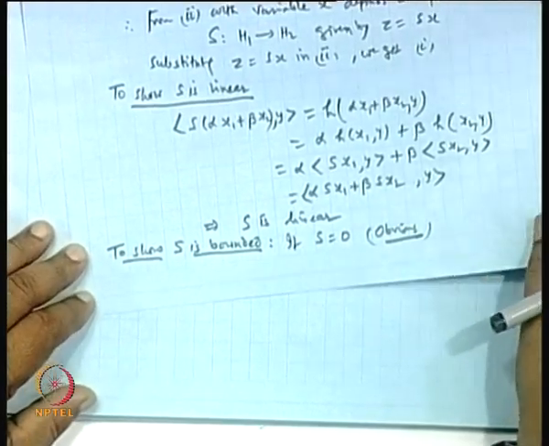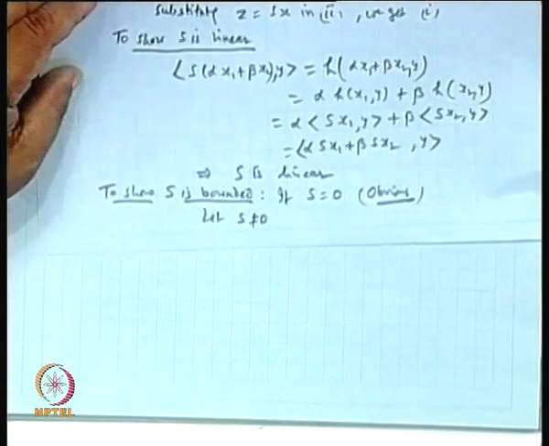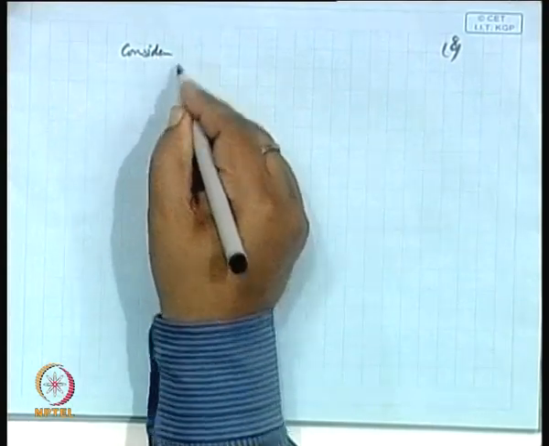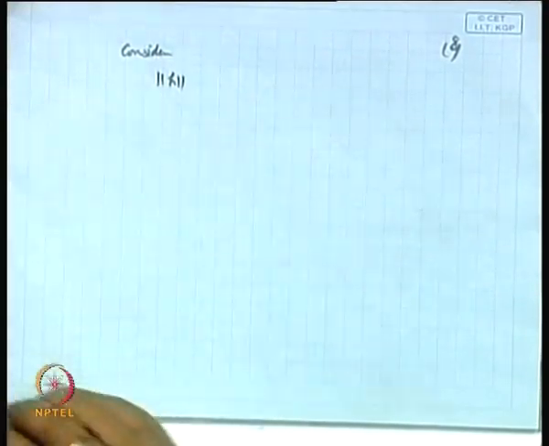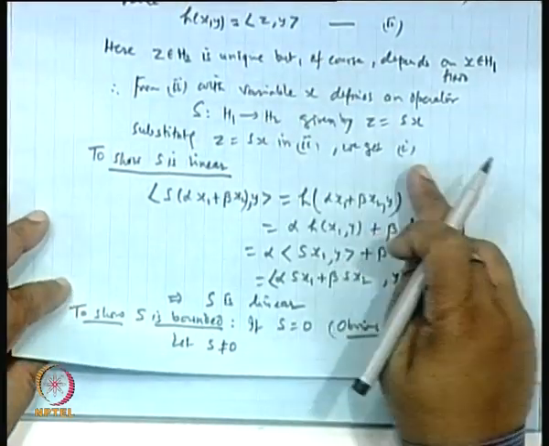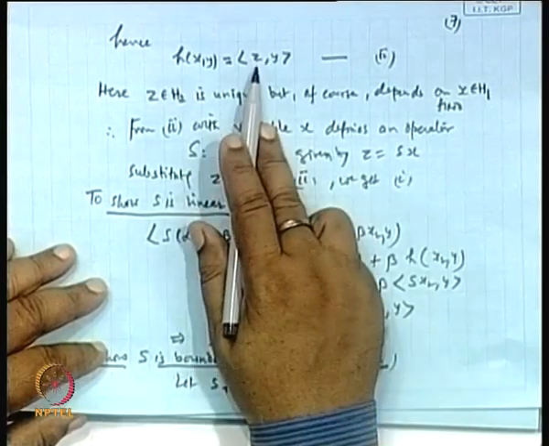So, let us take S to be non-zero. Then consider the norm of h. Norm of h, this h we have taken as ⟨Sx, y⟩, in this form, z equal to h(x, y).